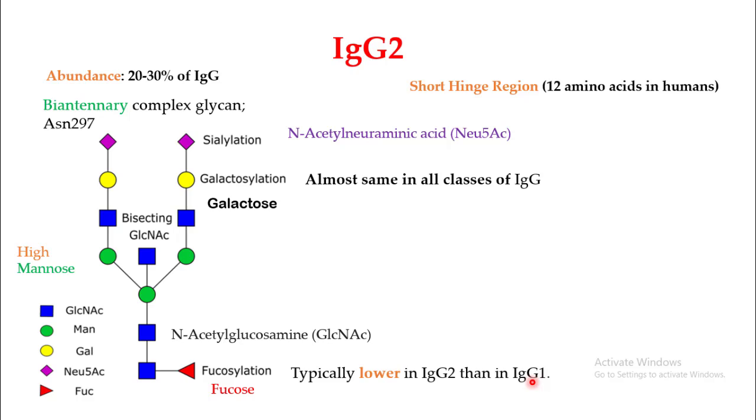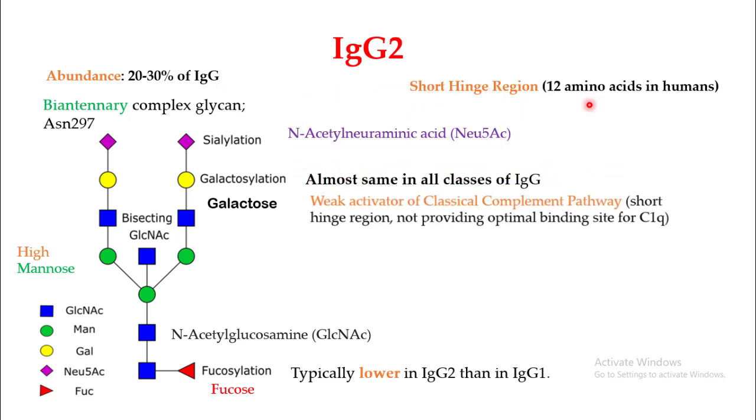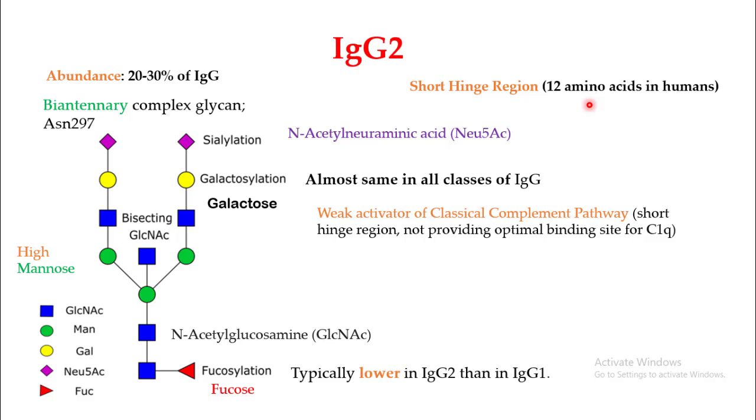If you talk about the hinge region in the immunoglobulin G2, it has a very short hinge region, which is about 12 amino acids long in the human immunoglobulin G2. And the immunoglobulin G2 is a very weak activator of the classical complement pathway. In my last video, I told you that the immunoglobulin G1 is a very good activator of the classical complement pathway, but the immunoglobulin G2 is a weak activator.